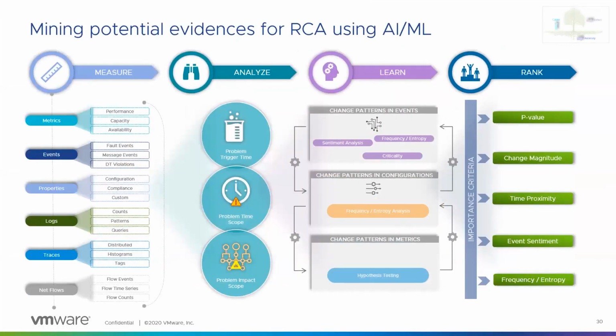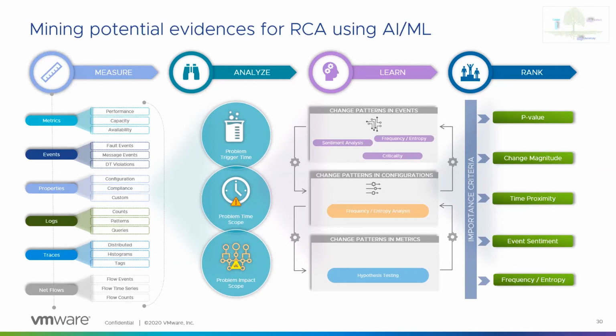So talking about the AI in the backend, I'll not take a lot of time here. I do want to do that demo, but essentially you measure, you analyze, you learn, and you rank. Those are the four things involved in the entire process. You measure every given incoming data point, which can show a certain degree of performance, availability, configuration problems across the scope, or even capacity in certain cases.